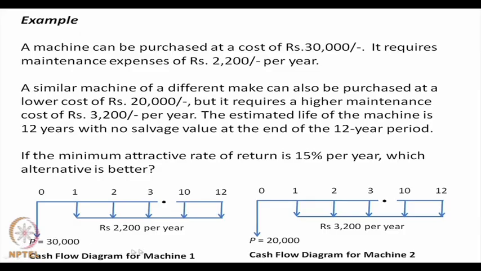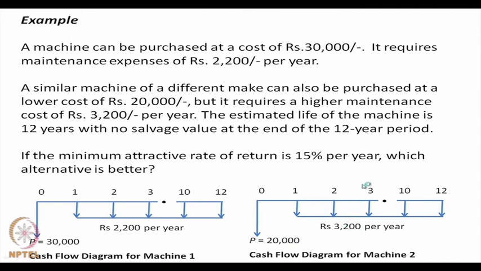Cash flow diagram is like this. These are all cases of payments, no receipts. The first payment is the purchase price of 30,000 rupees for machine 1 and the annual payments or the annuity is 2,200 rupees per year. This is for machine 2, the values are 20,000 and 3,200 per year.